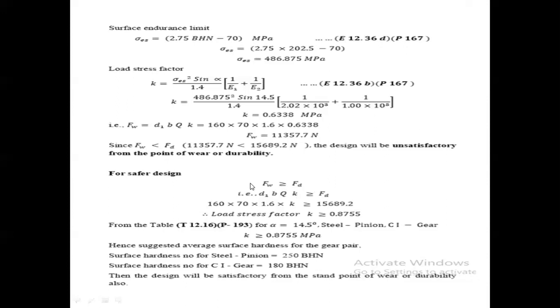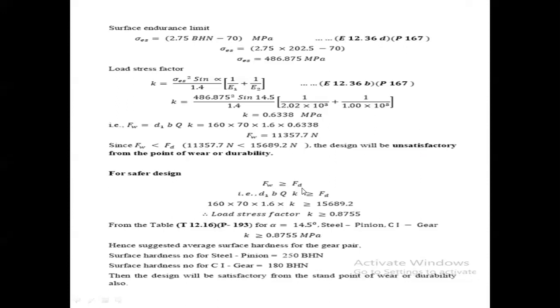That condition has not been satisfied here. Here FD is greater than FW, but what I require is FW greater than FD. So the conclusion is that the design is unsatisfactory.